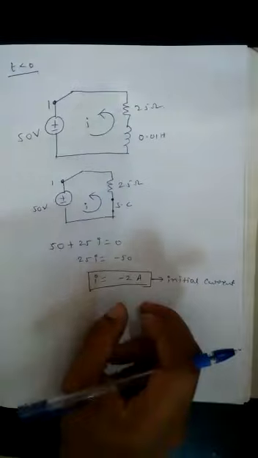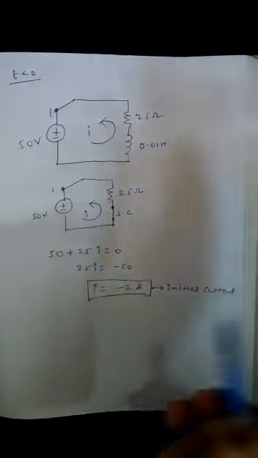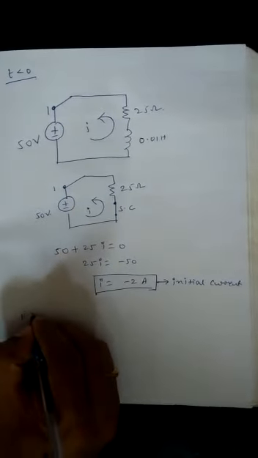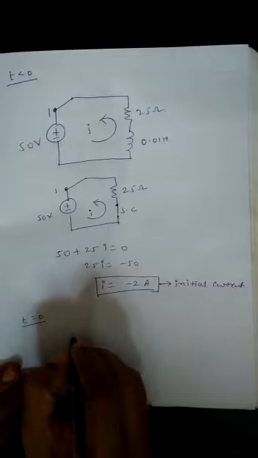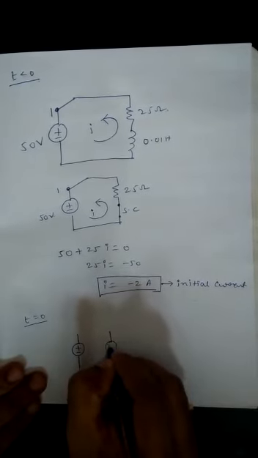Now you have to consider this initial current when the switch is moving from position number 1 to position number 2. Now I'm redrawing those things. At t equal to 0, the switch is moving from position number 1 to position number 2.